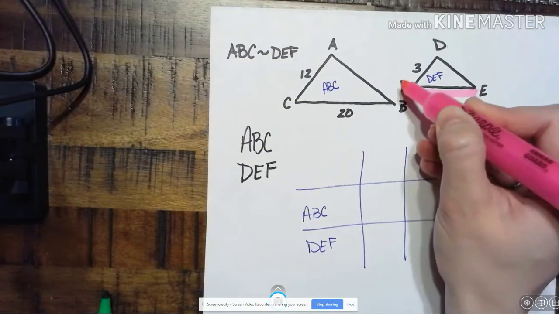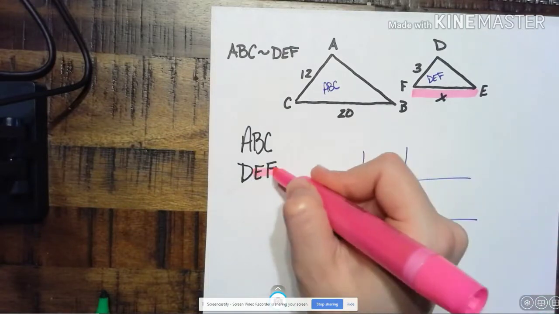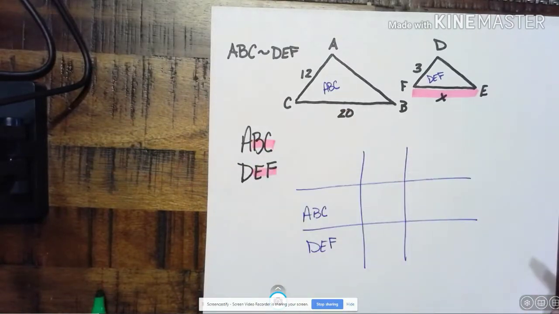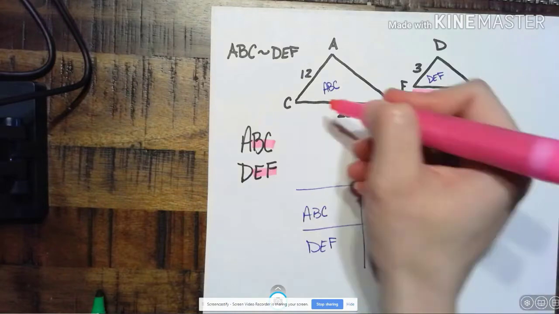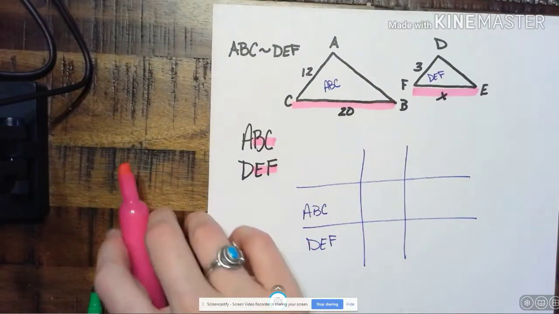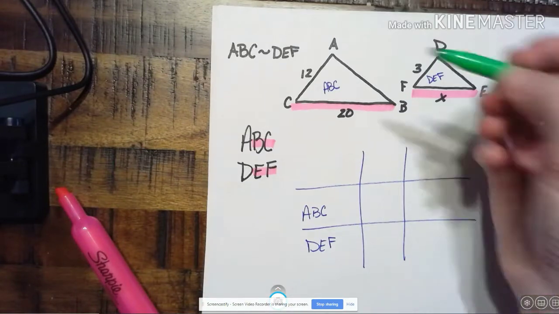So here we highlighted EF. And so I told them if you highlight the last two letters in DEF, you have to highlight the last two letters in triangle ABC. And so immediately they knew which two sides matched up. And so then I told them pick a side where you have a number on both triangles.